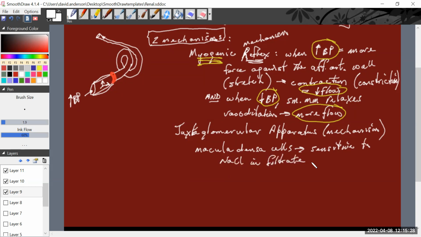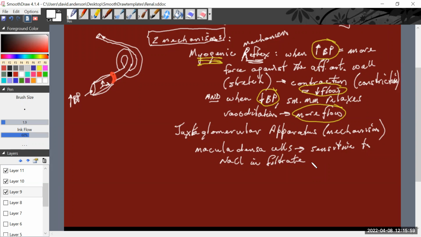So last week, I think we mentioned that normally we expect most of the sodium, most of the chloride gets returned, reabsorbed to the circulation. So if the filtrate is high in sodium and chloride, we have a problem. It usually means that there's too much filtrate because there's too much filtration. So that really represents a high GFR, a high glomerular filtration rate.